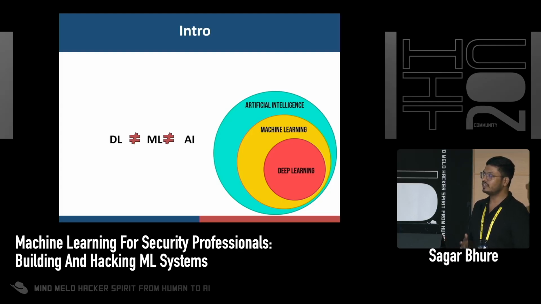So artificial intelligence is probably providing human-like intelligence to any system. Machine learning and deep learning are more sophisticated terms. Machine learning is probably writing algorithms to enable machines to act or make decisions like humans.